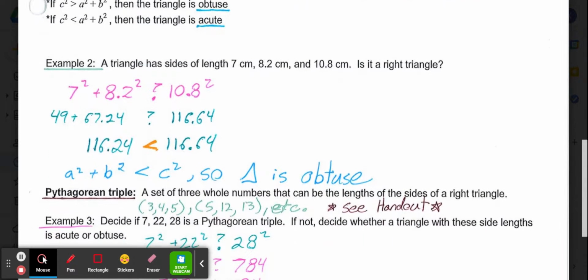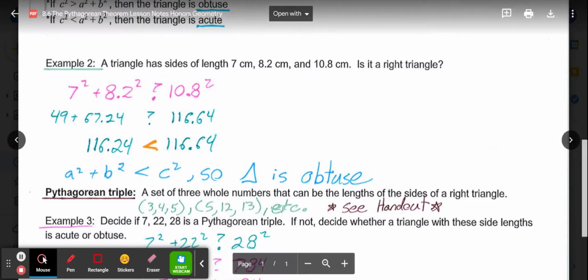So example 2 is looking at that converse. We know the triangle has side lengths 7 centimeters, 8.2, and 10.8. Is it a right triangle? So is 7 squared plus 8.2 squared equal to 10.8 squared?